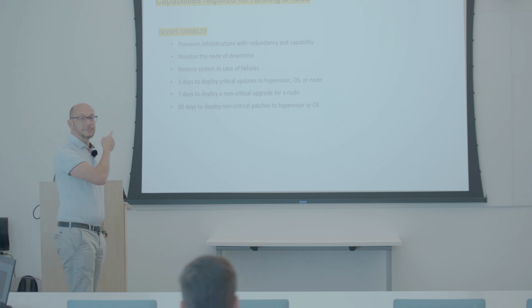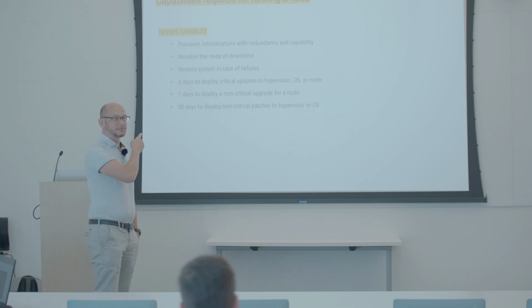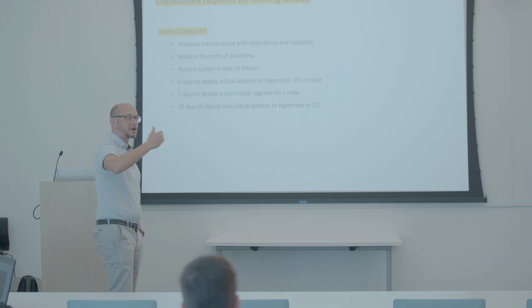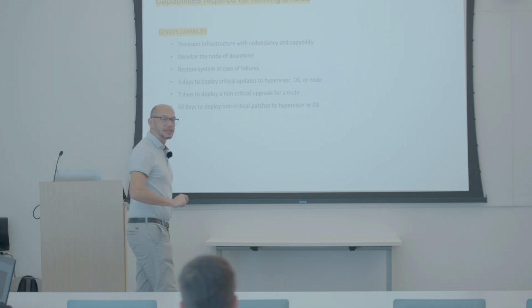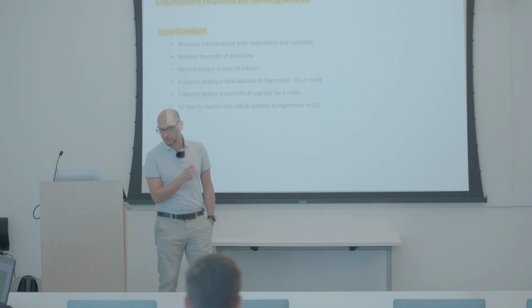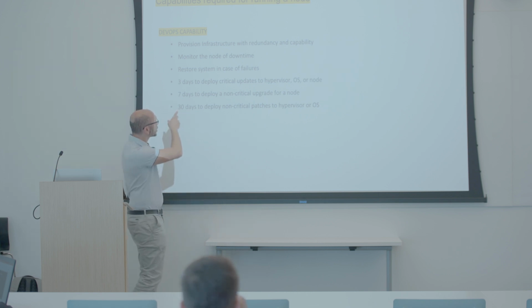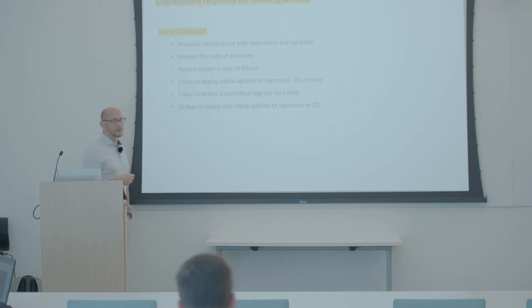There were 3 or 4 updates as each new bug got discovered in Log4j. We were releasing a new version, and they needed to be deployed within 3 days. And for non-criticals, you have longer time to deploy them.